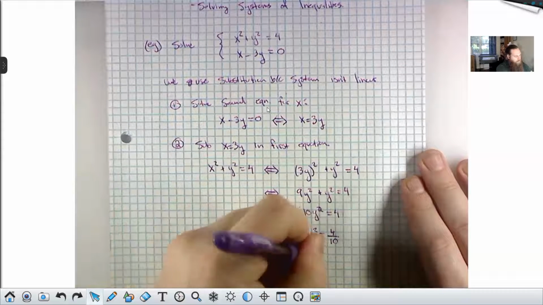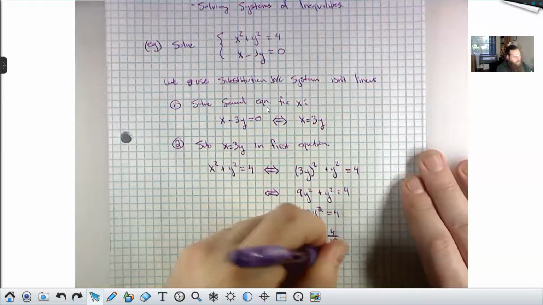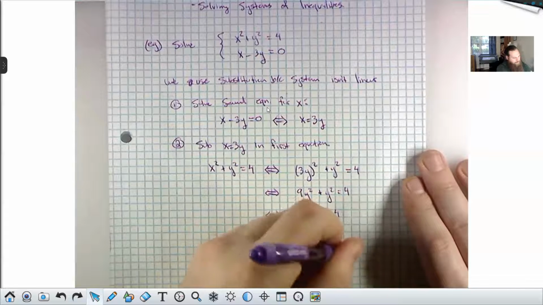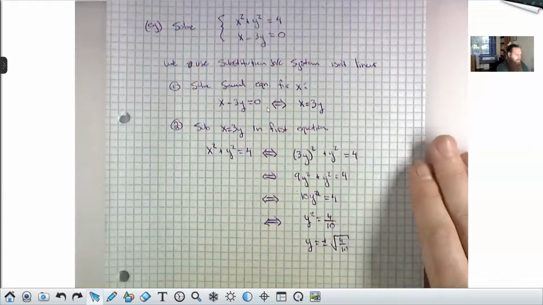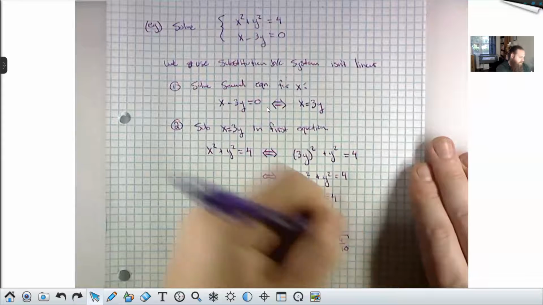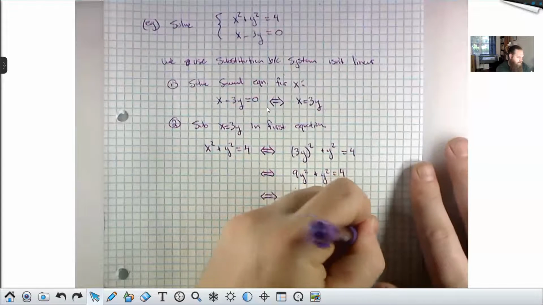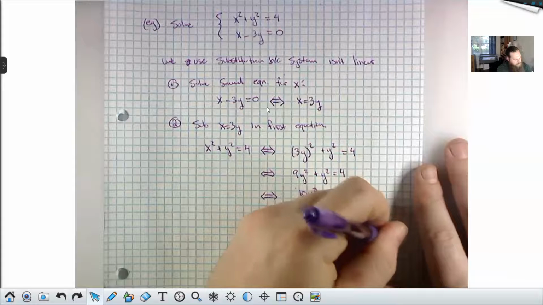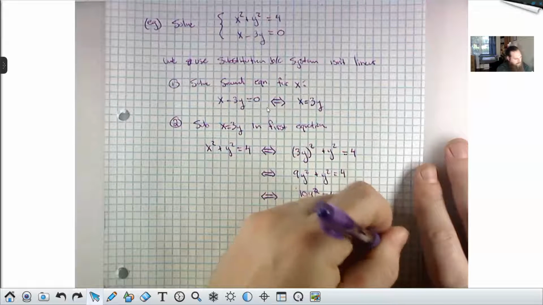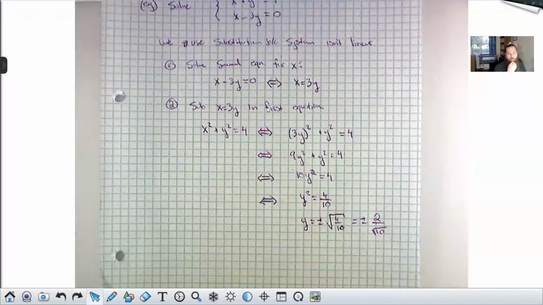And I can take square roots. So y is plus or minus the square root of 4 over 10. And that can be cleaned up. The square root of 10 is not nice, but the square root of 4 is nice. So this is plus or minus 2 over the square root of 10, just taking the square root of the top and bottom separately.